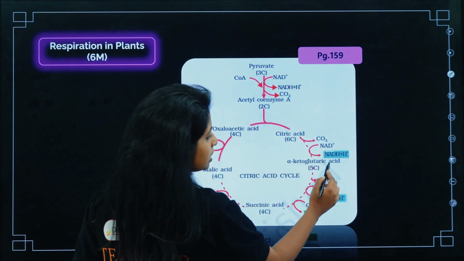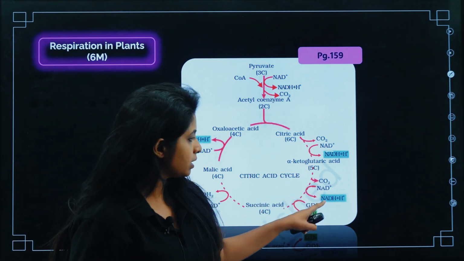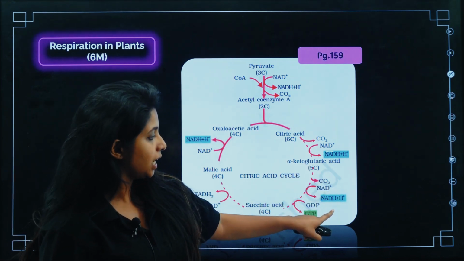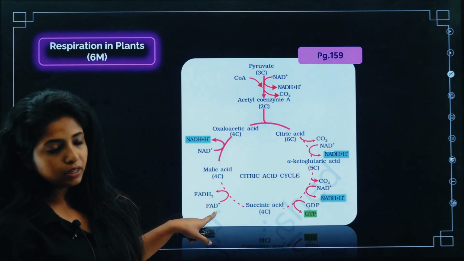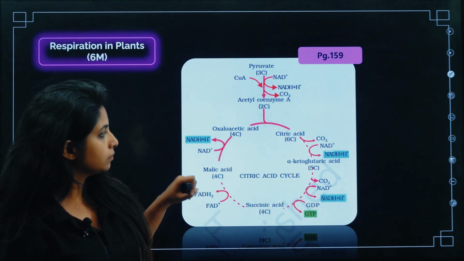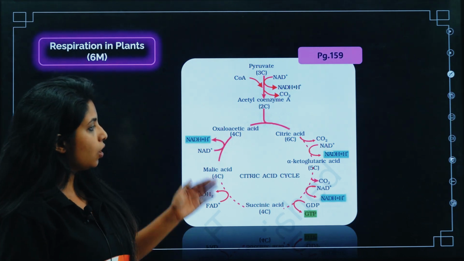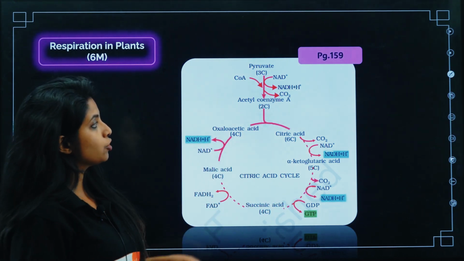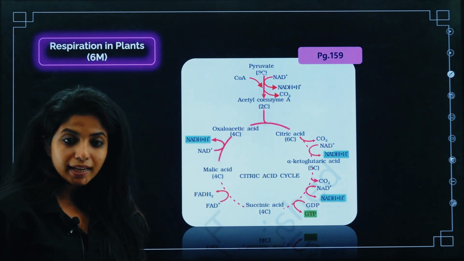Along with what is being released: in 2 steps CO2 will be released, my dear children. NADH is released in 3 steps, GTP in 1 step and FADH2 in 1 step. Cool. All this important information, along with the number of carbons in each compound, you should know.